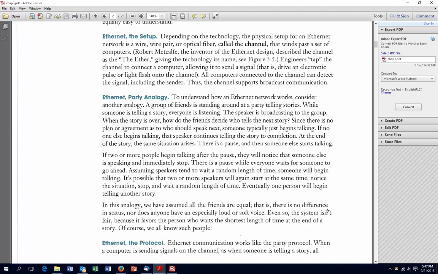And when anybody needs to send information to somebody else on the local area network, they just open the door to the hallway and shout the information down the hallway, and usually the doors are all open, whoever's listening listens, and if the information is for them, then they accept it and they take it. And so that's what you call a broadcast environment. You just kind of stick your head out in the hall and broadcast to the entire hallway. So that's one other way of looking at it.